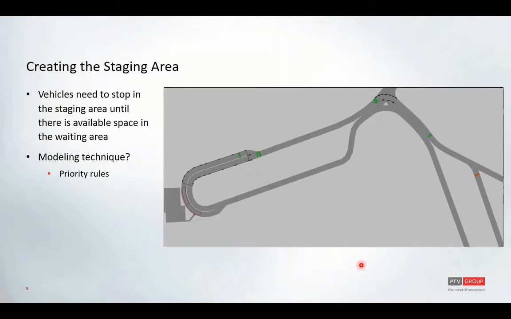All right, so the staging area. Essentially we want vehicles to come into the network and then stop at this particular location until there's enough room for them in the waiting area. In this case, we ended up putting in 3 different stop bars for the priority rules so that we can really define this very exact path that we want to block before the vehicles will advance.